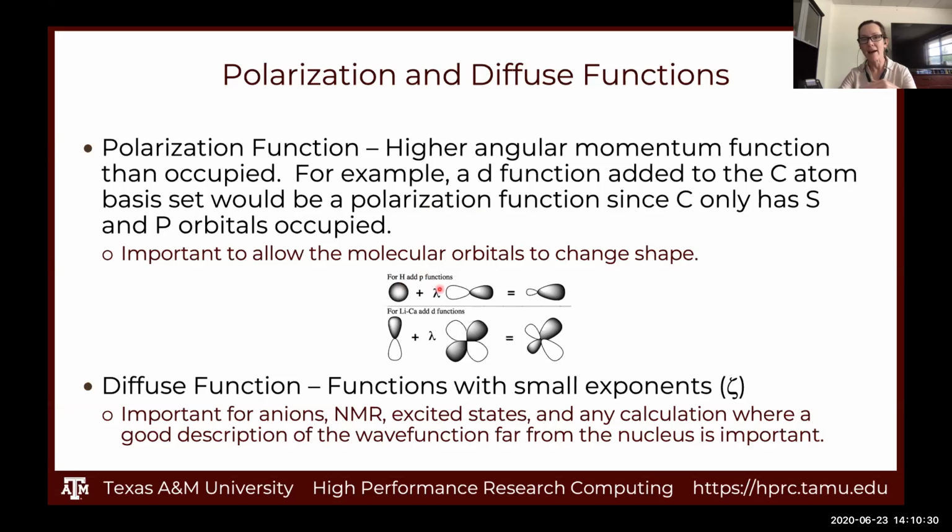So this is a dramatic representation. If you have a hydrogen with an S, you add in a little bit of P orbital to it, and you can get polarization where you get a larger lobe over here, which allows for better bonding, okay? Now this is dramatic. In reality, there's a small amount of the P orbital that's being used, not a large amount, but it does stabilize the bonding.